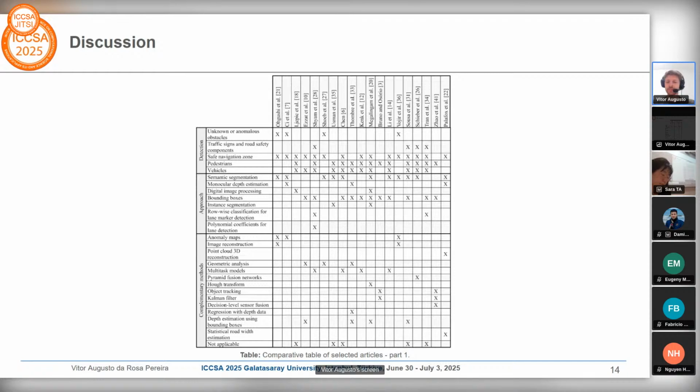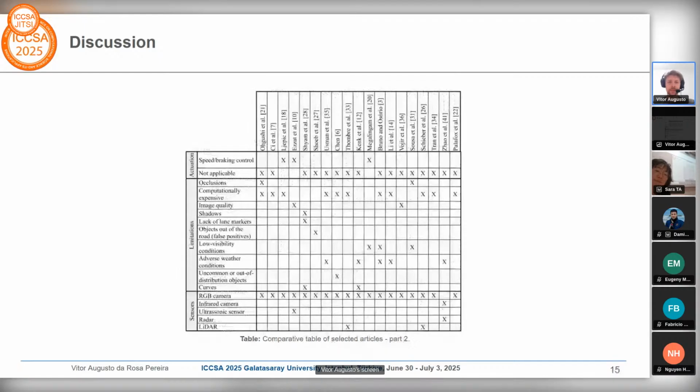Some of them are the anomaly maps, the 2D and 3D image reconstruction, geometric analysis, multitask models, depth estimation using bounding boxes, between others. And this is the part 2 of the table, where it shows the kind of actuation, for example, the speed or braking control, and also the limitations identified by the articles, such as occlusions, the computational expensiveness, image quality, adverse and low visibility conditions, and also shows the kind of sensors used.